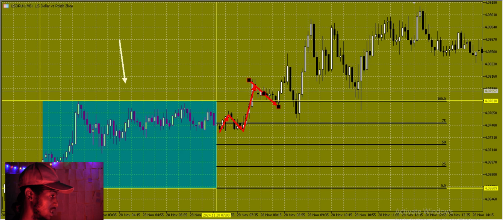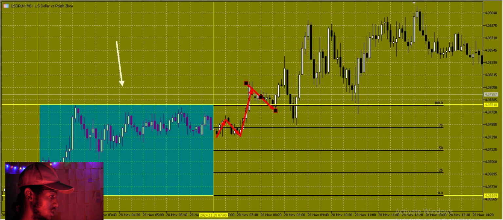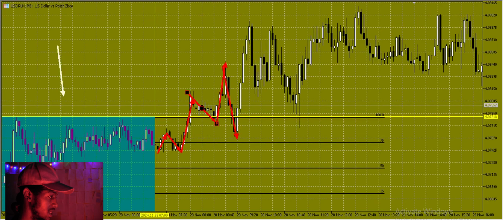After retracing, it took out the Asian high again with a lot of volatility this time, and then retraced back into the 75th percentile, which isn't really a lot of retracement as compared to the Euro USD.